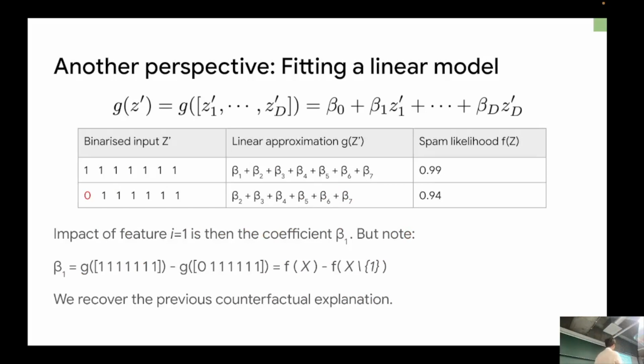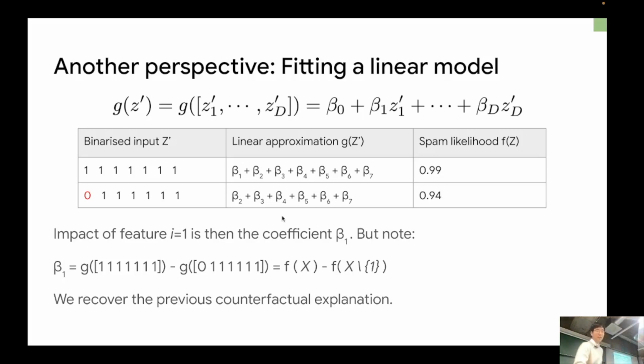So I'm taking this affine linear function, beta node plus beta 1 z1, etc. By the way, z is the binarized version of the original input x. Okay, I'm missing a beta node here.